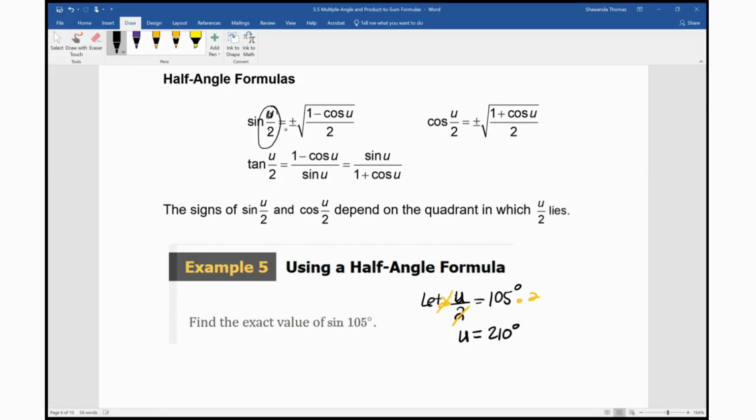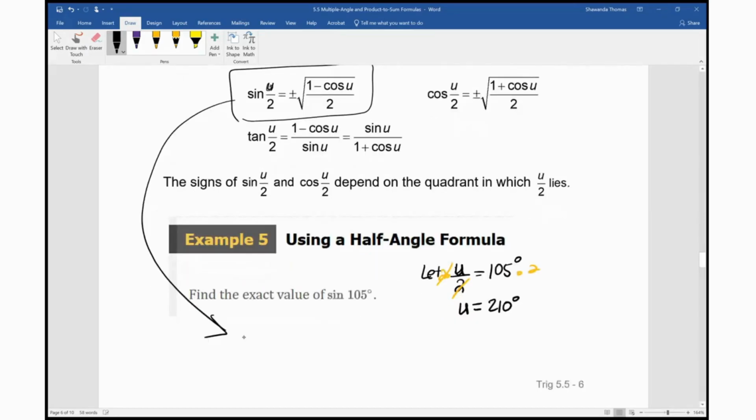So in this formula, again, you will be given all the formulas. We know that this would be sine of 105 degrees equals, okay, this is the most important part here. The sign of sine u over 2 depends on the quadrant in which u over 2 lies. So, for example, 105 degrees. What quadrant is that? Quadrant 2.